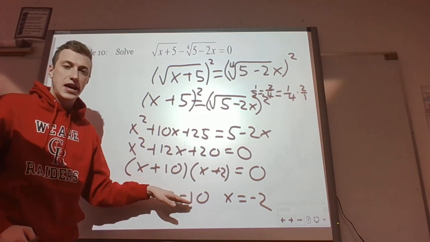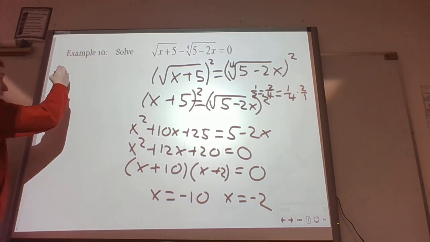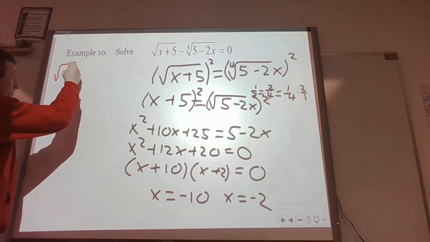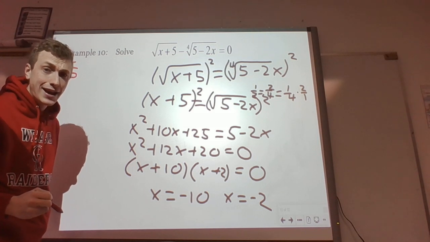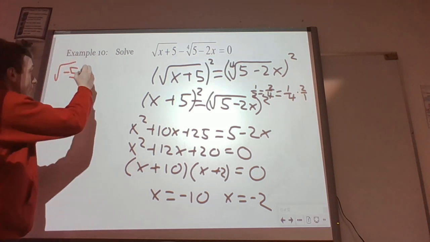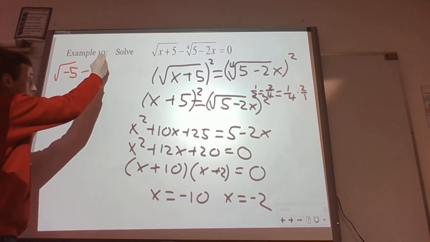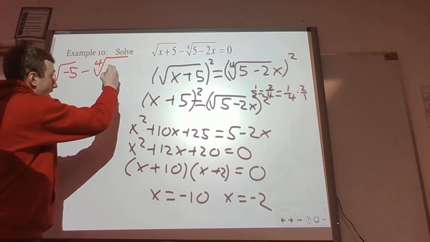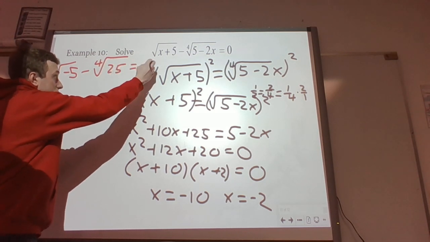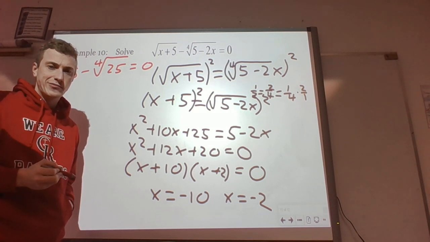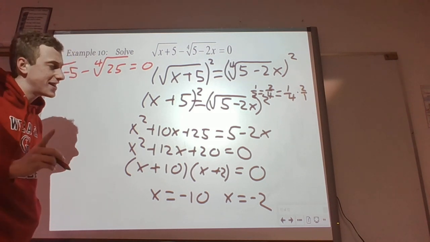Let's do negative 10. The square root of negative 10 plus 5, negative 5. Already a red flag. A square root of a negative number. Not going to be rational. Fourth root of 25 equals 0. So that doesn't look like it's going to work.